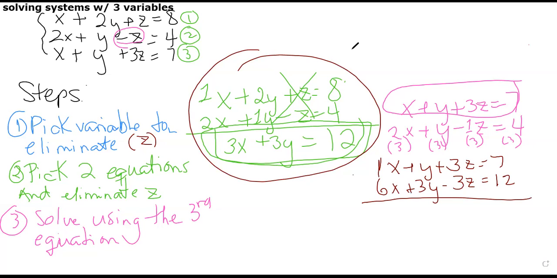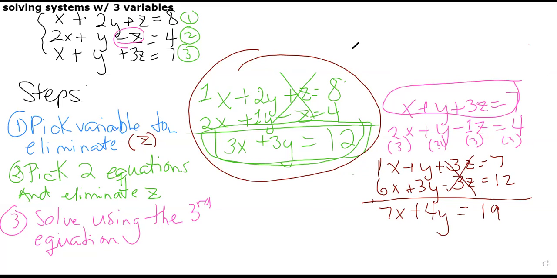So 1 plus 6? 7. So 7x. 3 plus 1, that's 4. My z's cancel. And now what's 7 plus 12? 19.